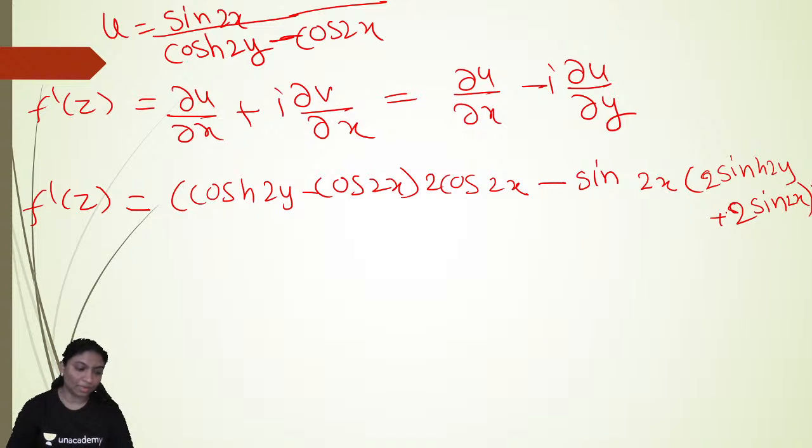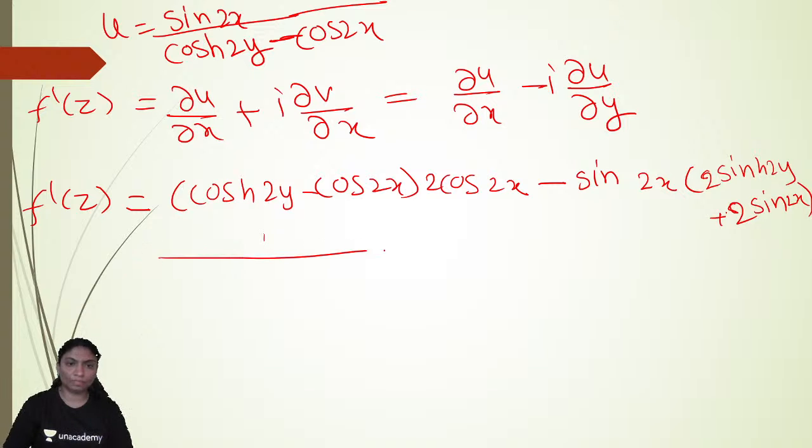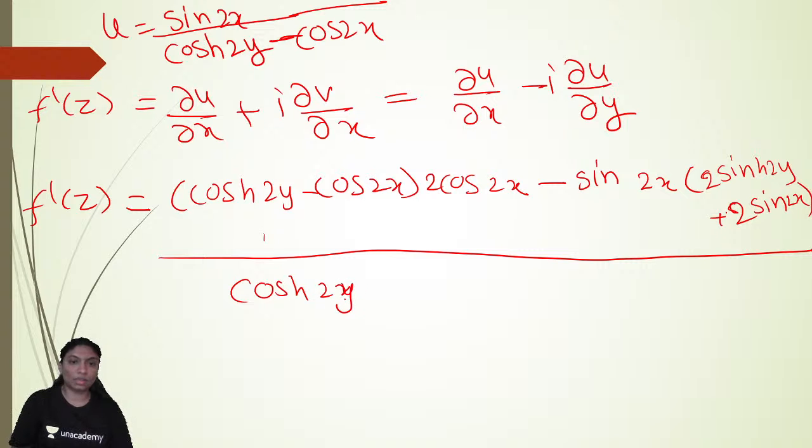Minus 2 sin 2x. So here you will get, upon cos h2y minus cos 2x bracket square, right?